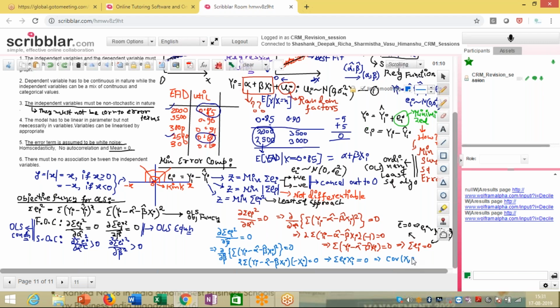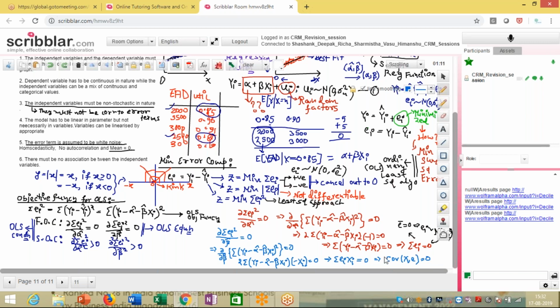So X and E should not be related to each other. This becomes another important assumption of the independent variable, because if X and E are related to each other, then you will end up with a problem of autocorrelation.